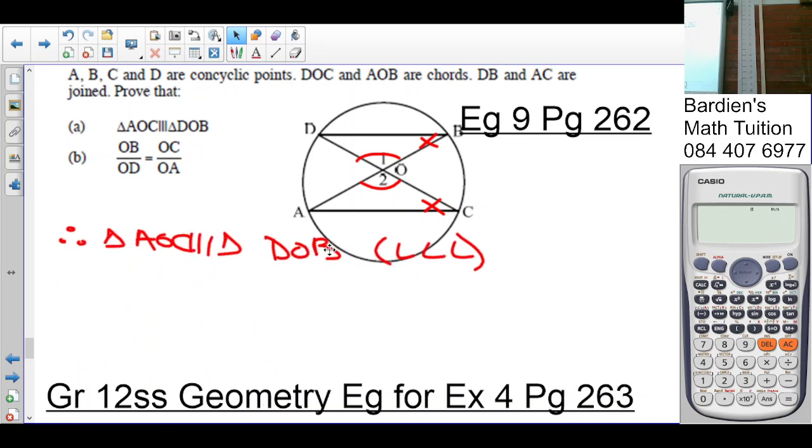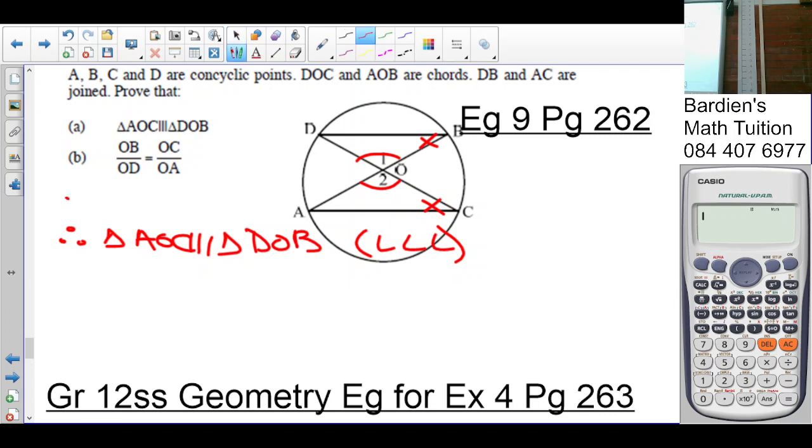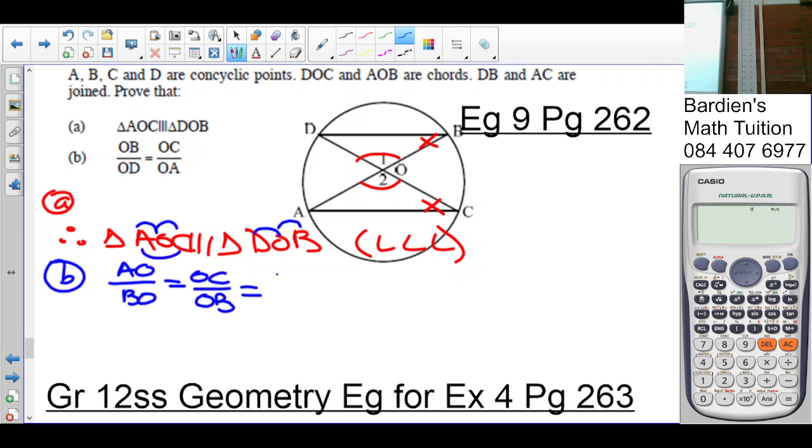So let's go with B quickly. So what do we say first before we do anything else? We say that AO over BO is equal to OC over OB equals AC over DB. Why?